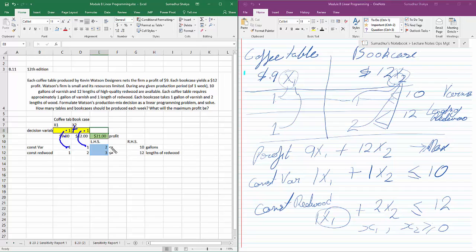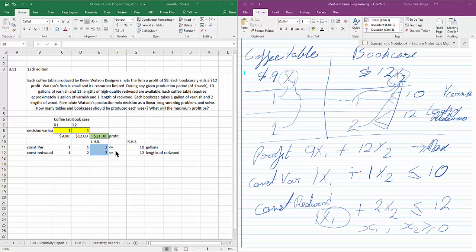This condition holds true, since 2 is less than 10. At the same time, making 1 coffee table uses 1 length of redwood, and 1 times 2 lengths for the bookcase, so a total of 3, and 3 stays less than 12. So far our formulas are working correctly.